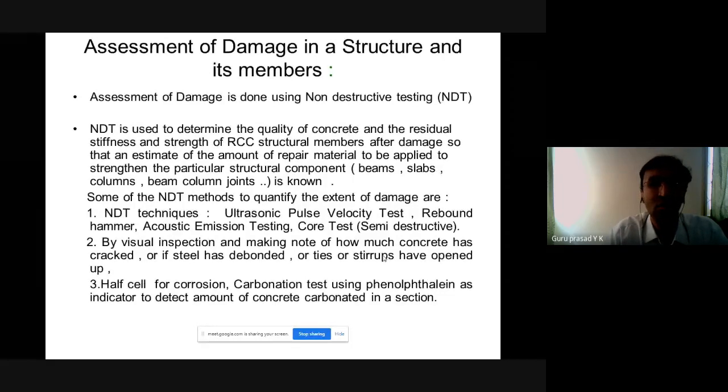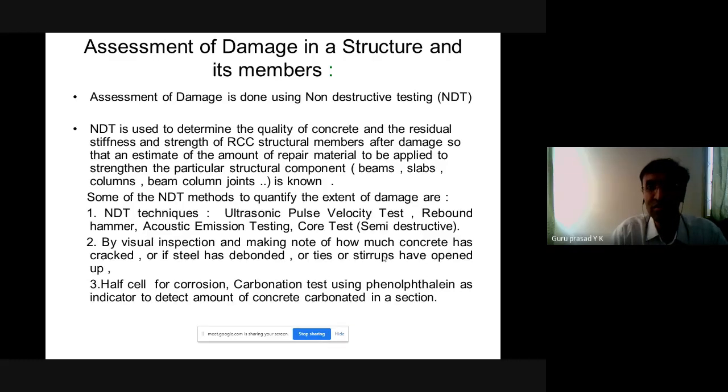What is NDT? Non-destructive testing is used for what? Especially, I'm going to talk in the context of concrete structures only today. Non-destructive testing is not only applied to concrete; it can be applied to steel structures. In mechanical engineering, you also use it for finding the thickness of thin films.